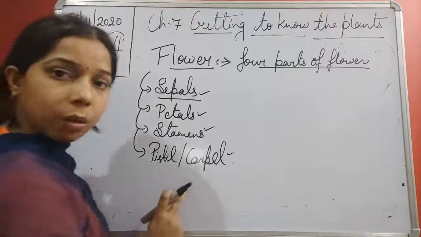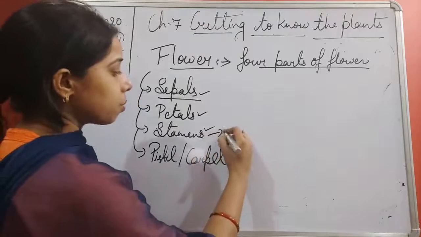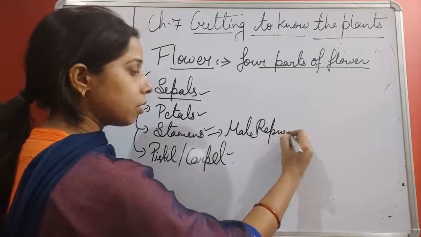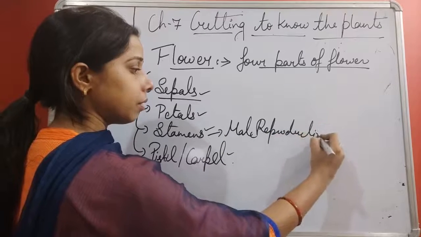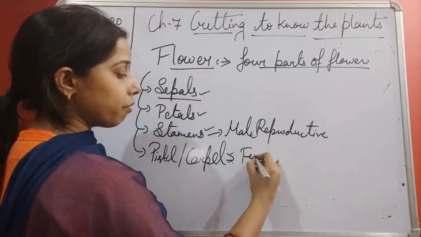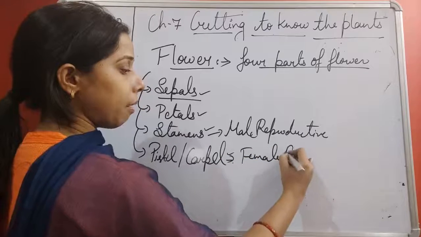If we talk about the stamen, so what is stamen? It is the male reproductive part. And carpel or pistil is the female reproductive part.